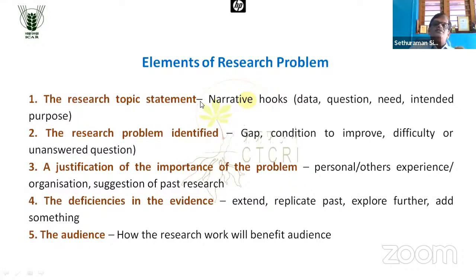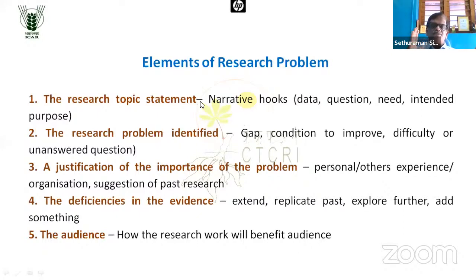That is an unanswered question: what is the extent of adoption of a particular variety as a result of an extension program? This is the question asked by your HOD, but there is no answer for that question. So you have to devise a plan. You have to conduct some kind of research. You have to identify a research. This is the research problem.